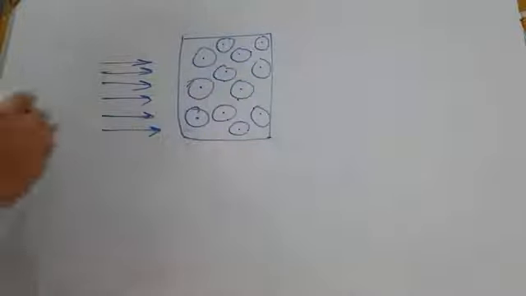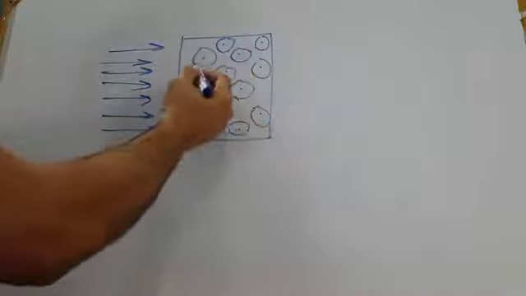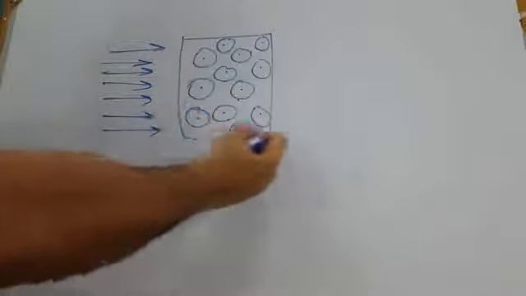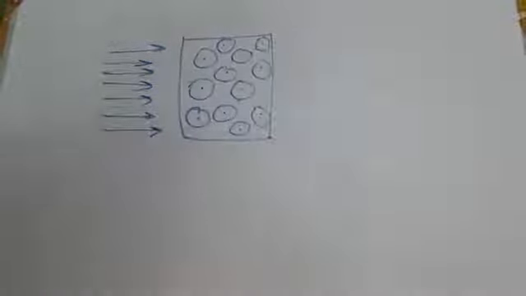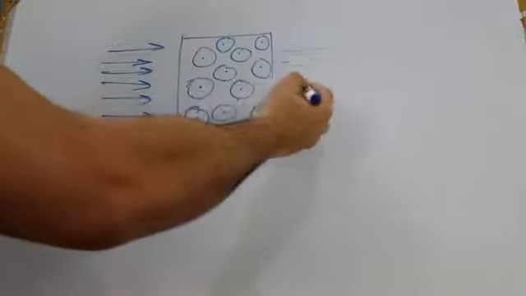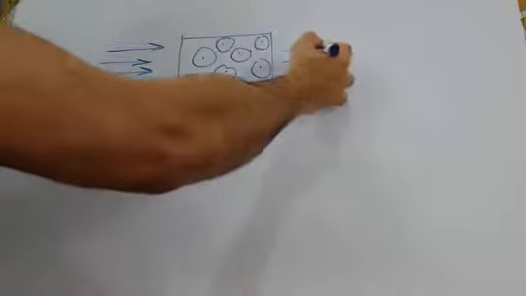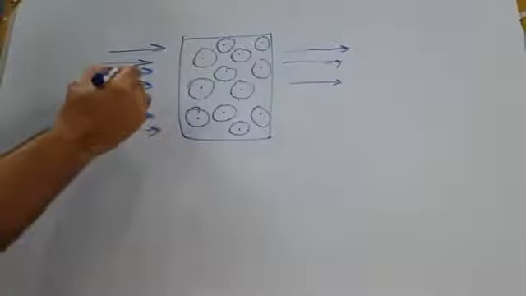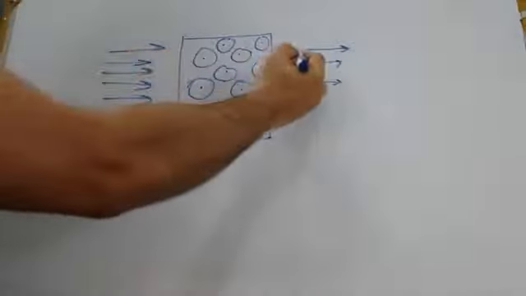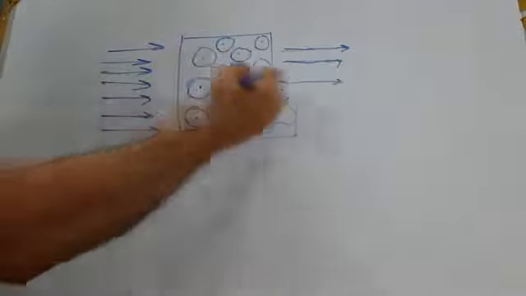If we pass electromagnetic waves of all frequencies or wavelengths, then what we observe when these frequencies pass through this sample and the coming out radiations, we find that certain frequencies are missing. See, this frequency passes through, this frequency passes through, but we find this frequency is missing.